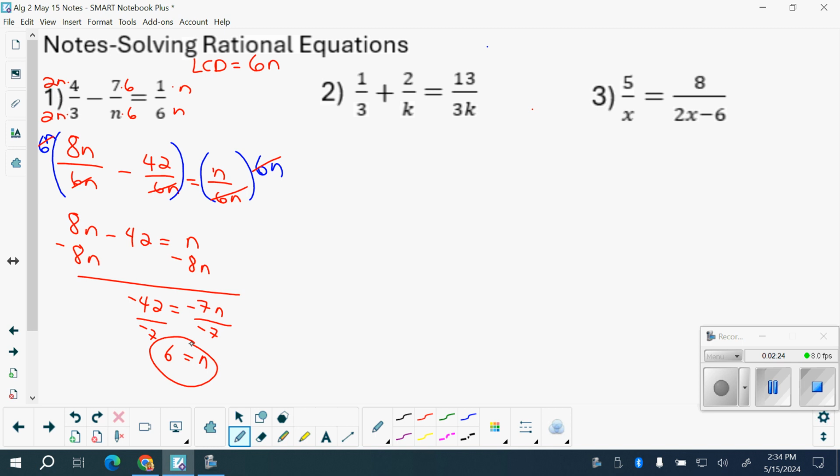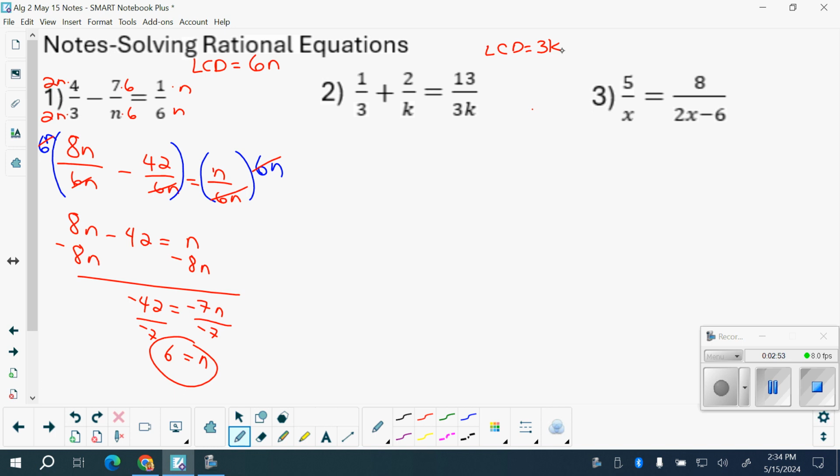What about number 2? What's our least common denominator on that one? 3k? Okay, so I'm going to show you another way to do it. You do not have to do it this way, but some of you might like this way because it's fewer steps. So when we know what that least common denominator is, we can multiply both sides by it right away.